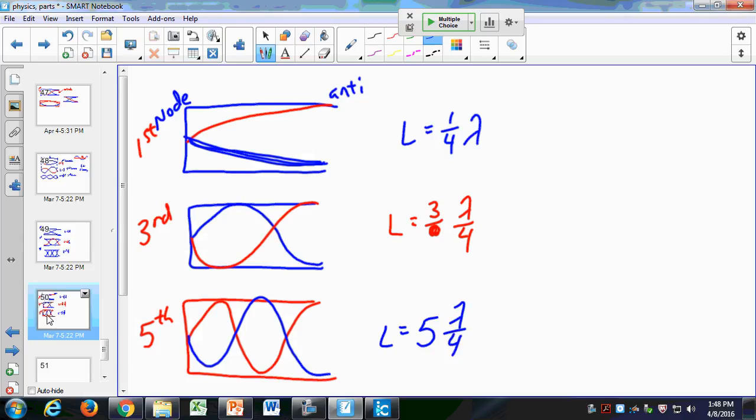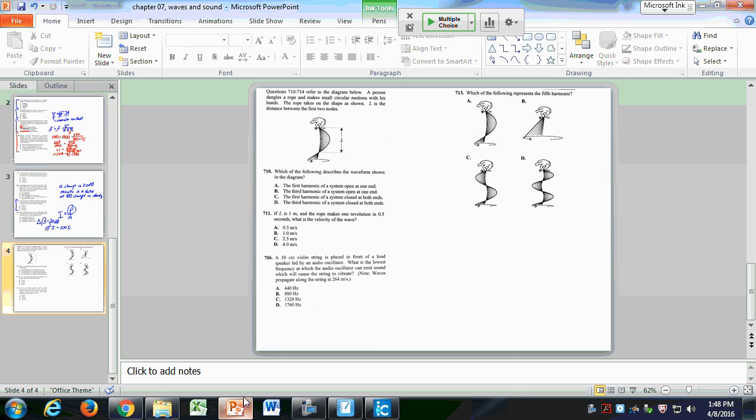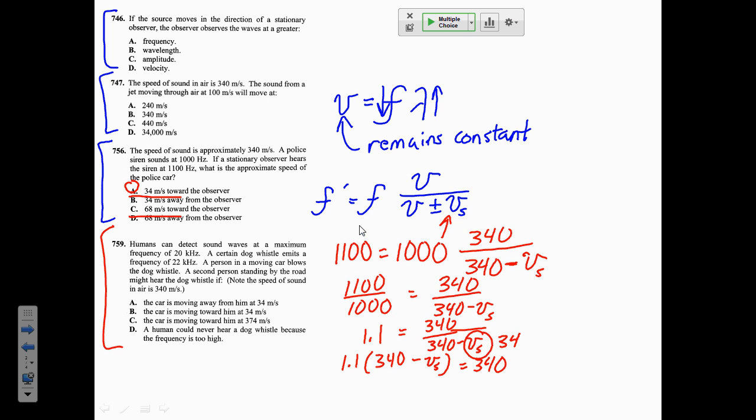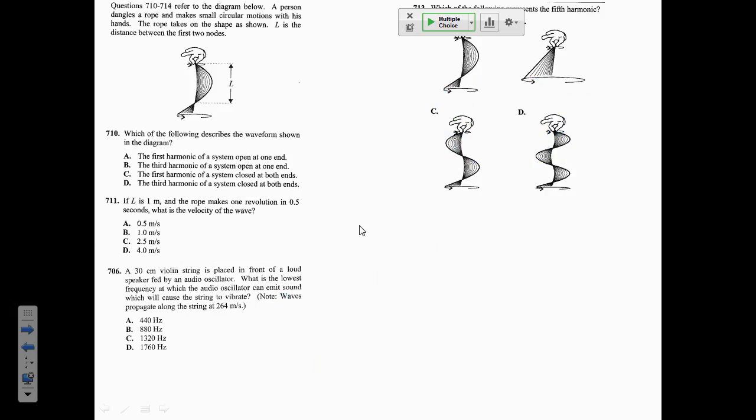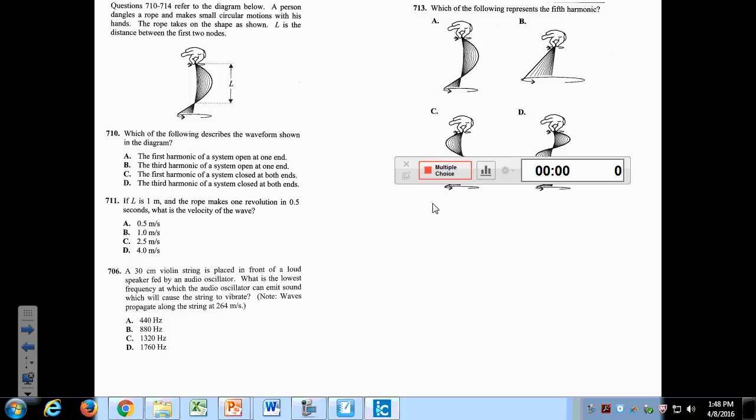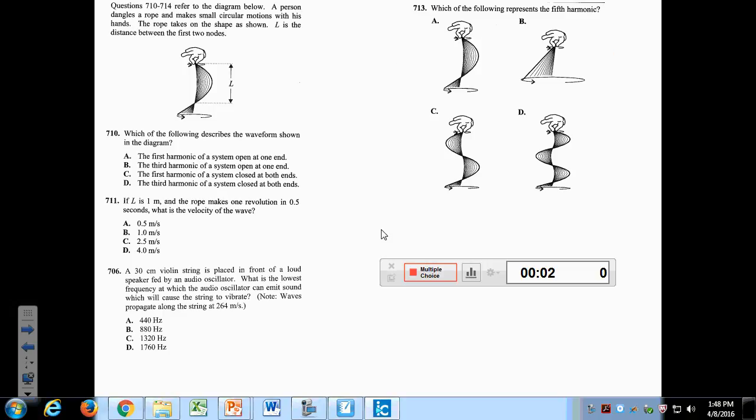Okay, let's try a few practice problems on this. Your last page has a couple problems. Let's try number 710 here.